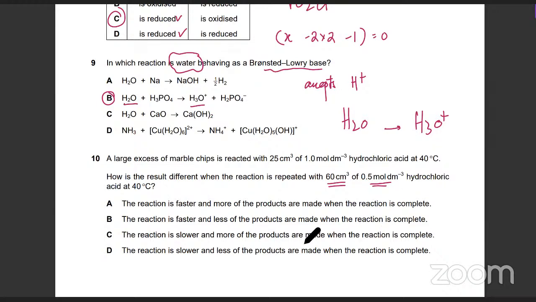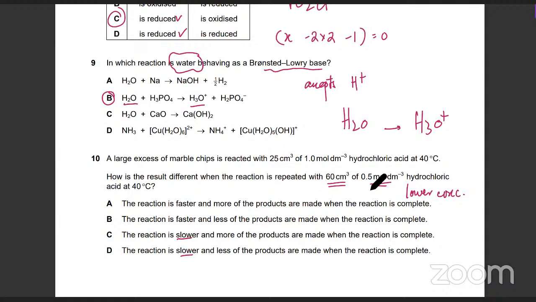Will the reaction be faster or slower? It's slower, because it's got a lower concentration, and a lower concentration makes the reaction slower.